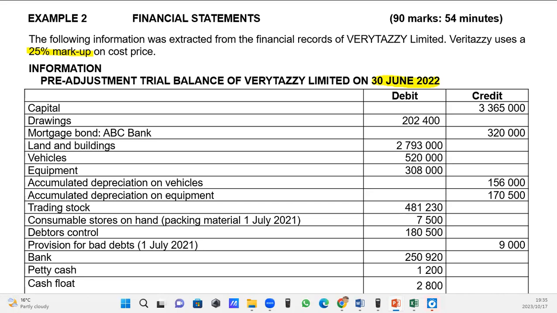When you count from the 1st of July 2021 and you count exactly 12 months, it means that the end of the financial year will be the 30th of June 2022.